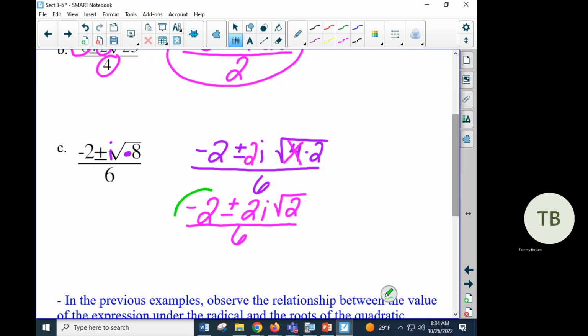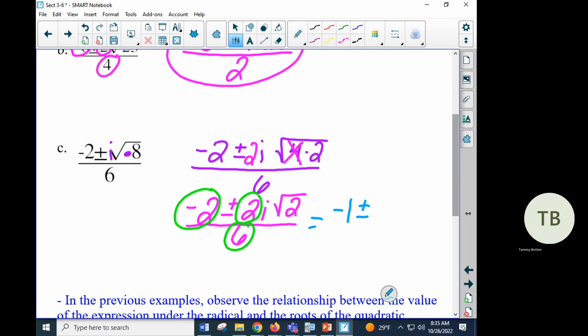Then I look at this, this, and this to see if I can reduce that. I can't change this 2 under the square root, but doesn't 2 go into each of those? So I can divide each of these by 2. So -2 divided by 2 would be -1.